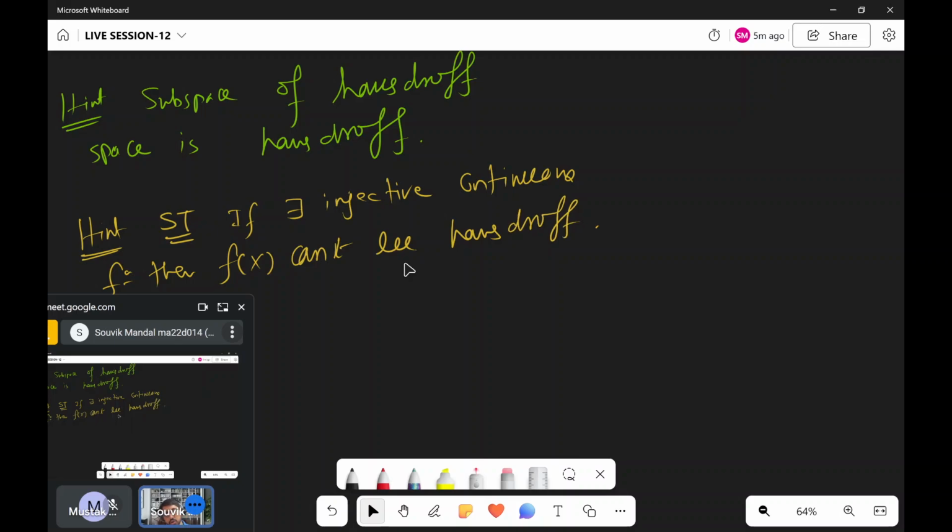So if there is some injective continuous f from X to Y, then the image of X will be f(X).